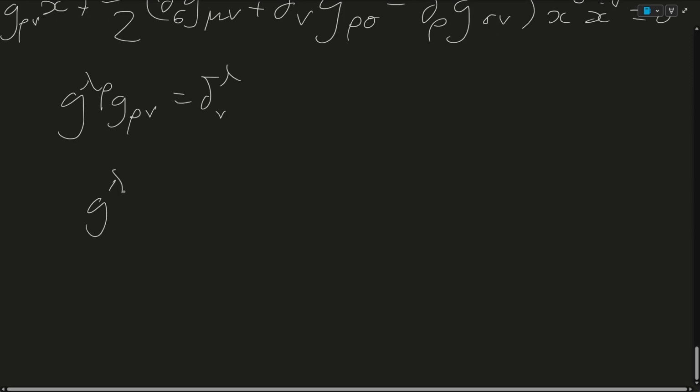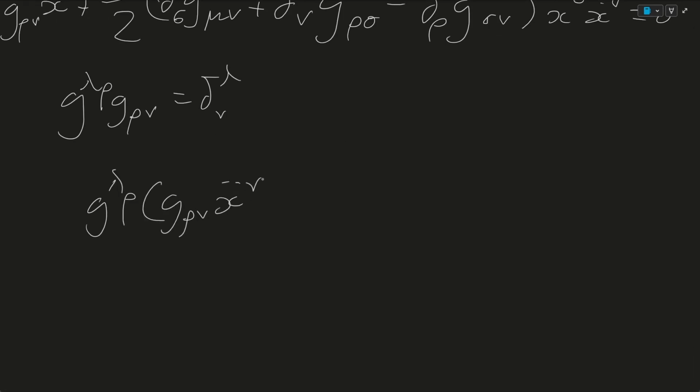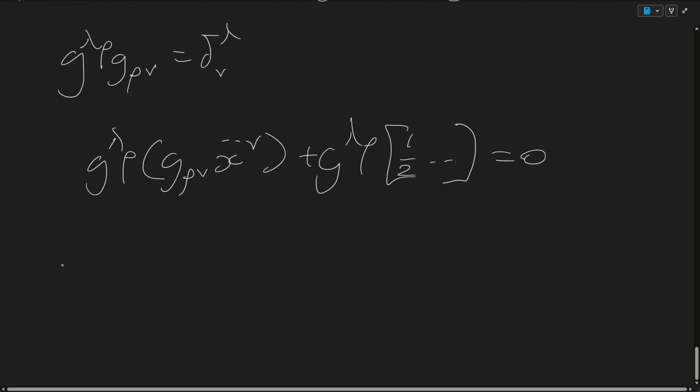So g lambda rho, g rho nu x double dot mu plus g lambda rho times half, and so on, equals 0. It doesn't matter too much for this.